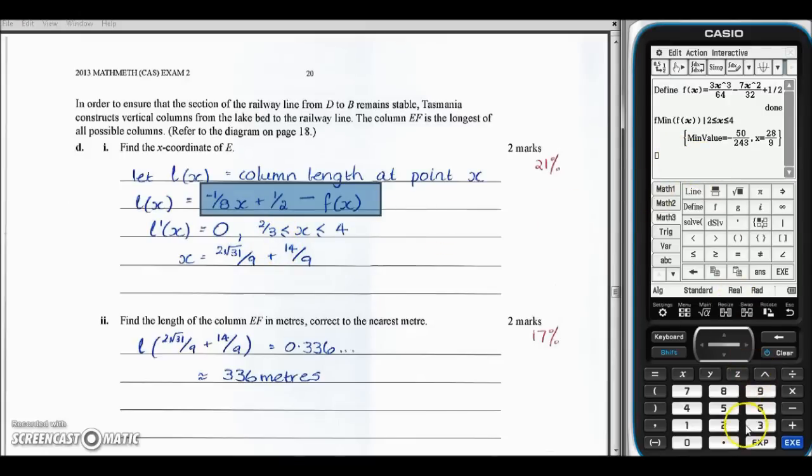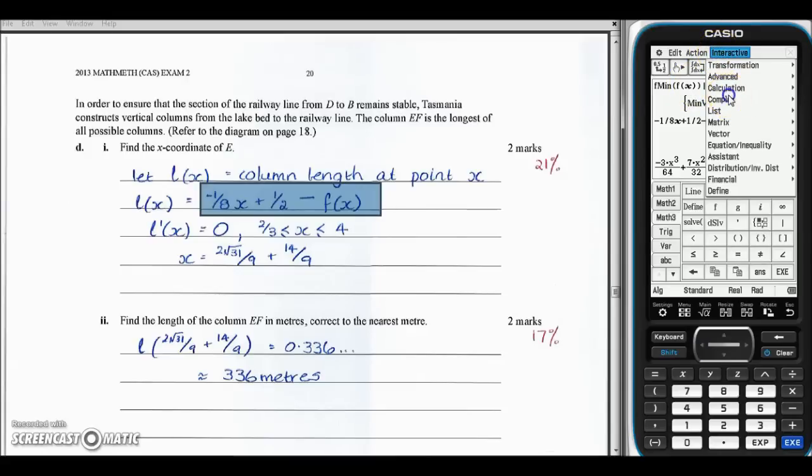So we could have negative 1/8 x. This is where defining the function is going to come in handy, because I can just write this minus f(x). So that's my function L(x). What I could do is either differentiate that and set it equal to 0, or maybe we can use this f min again, or actually it'll be f max, won't it?